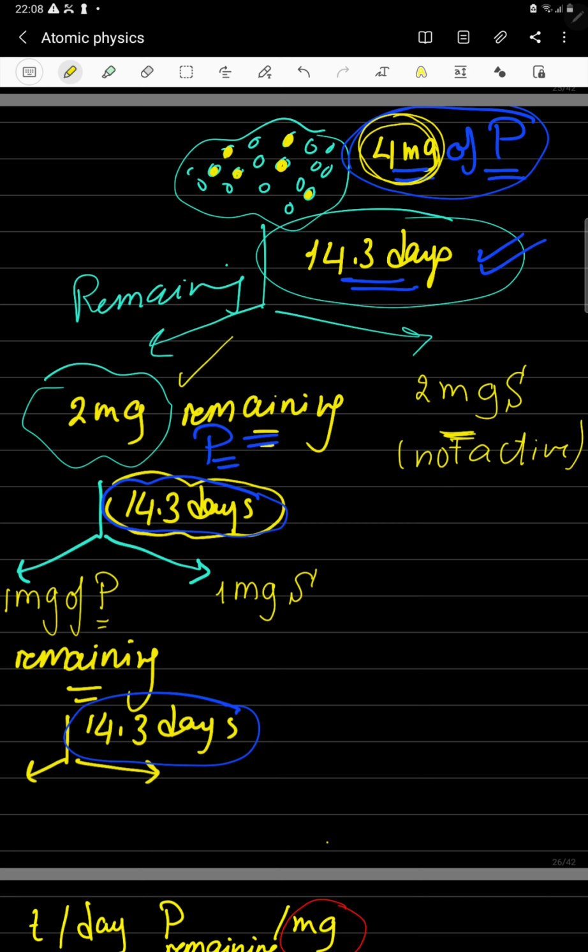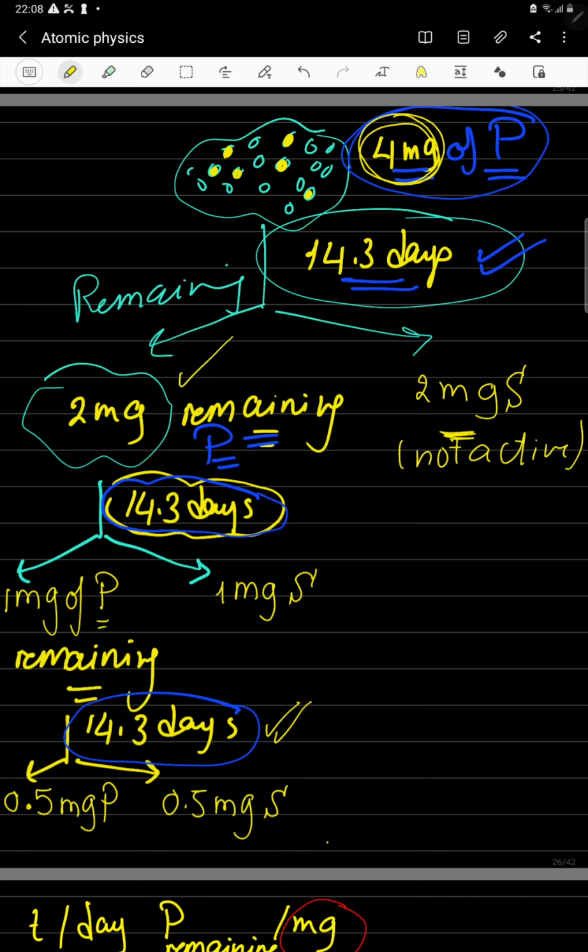It has lost its activity. And after another 14.3 days, I'm going to find that the phosphorus is only 0.5 milligrams and another 0.5 milligrams of sulfur is added to the sample.